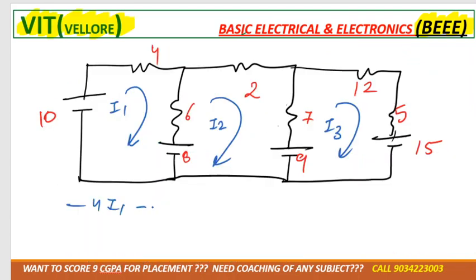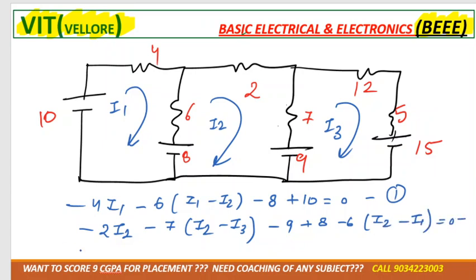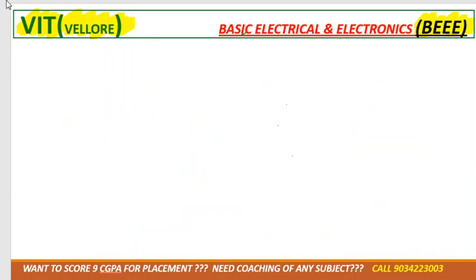For this case, minus equal to, then we'll have minus I2, I2, minus, then we'll have minus 15. Okay. Now you can solve it through the calculator.